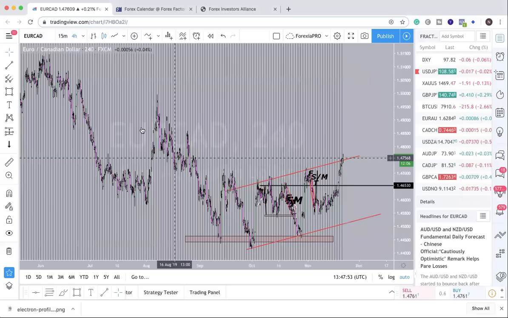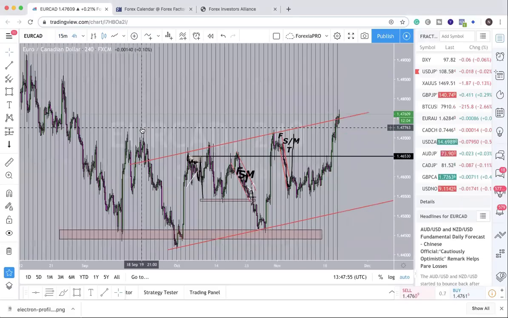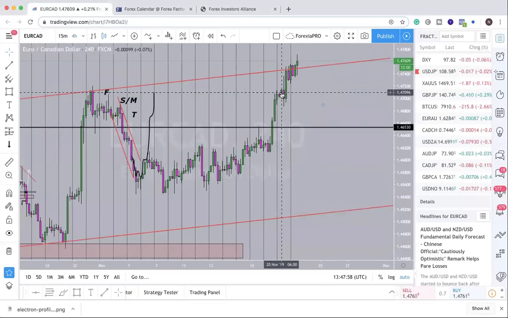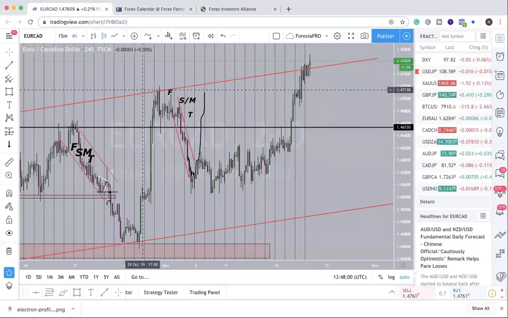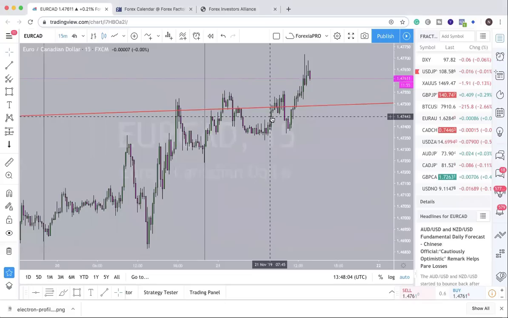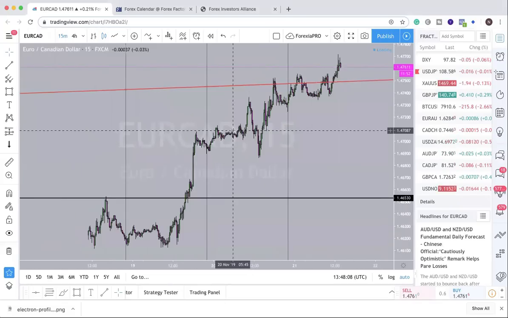So a lot of people want me to analyze a lot of pairs, so I'm just gonna skim quickly over all these different pairs, you guys, and say my mind on what I think.